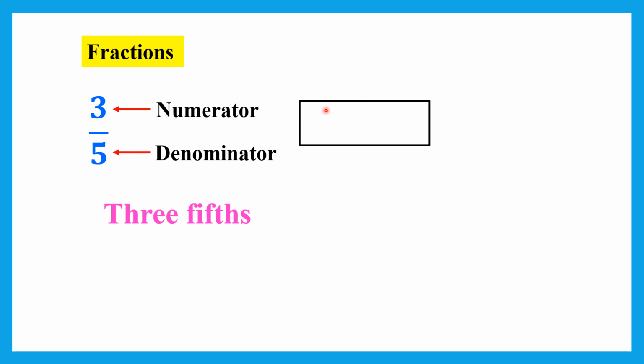So we have to divide this one into 5 equal parts, and out of 5 we have to shade 3 parts because the numerator represents the number of shaded parts. This one represents the number of total parts, and this one represents the number of shaded parts. So this one is 3/5.